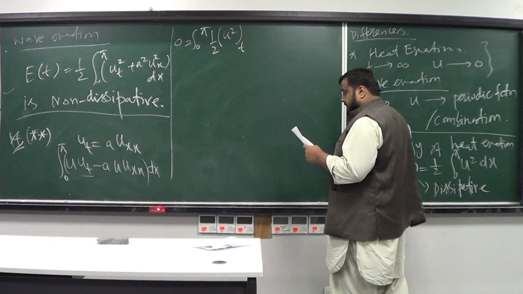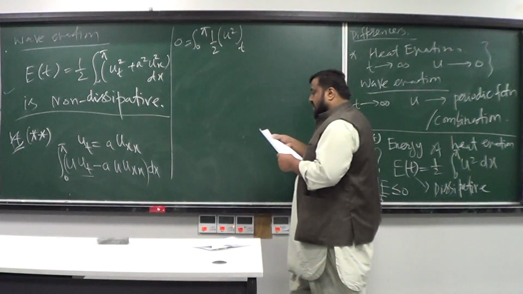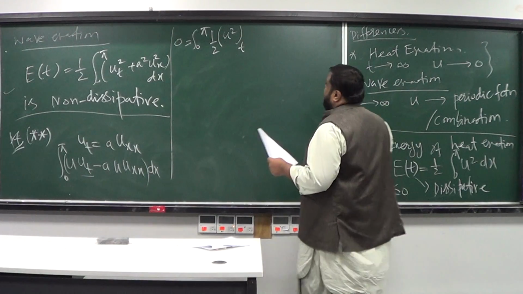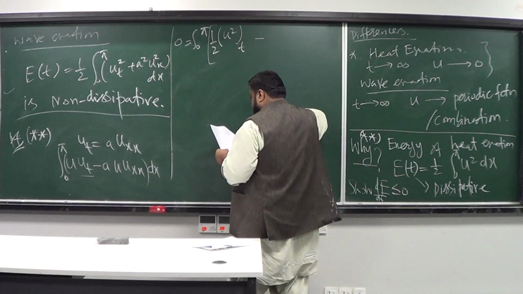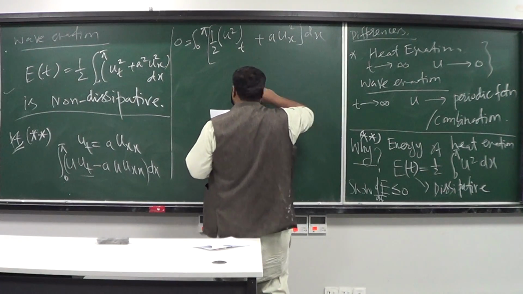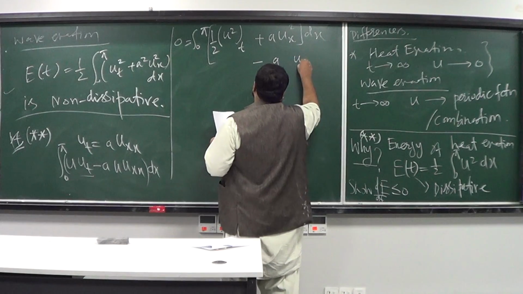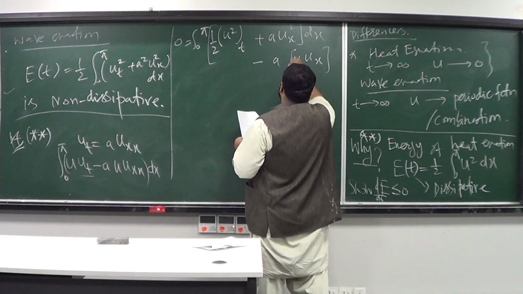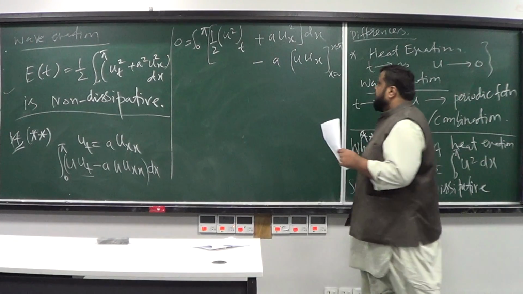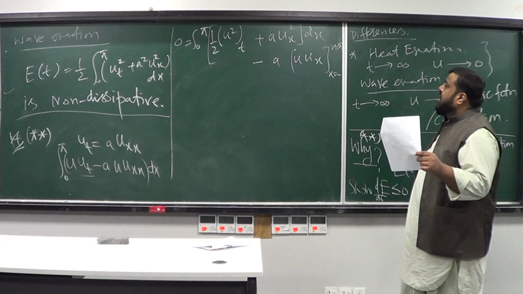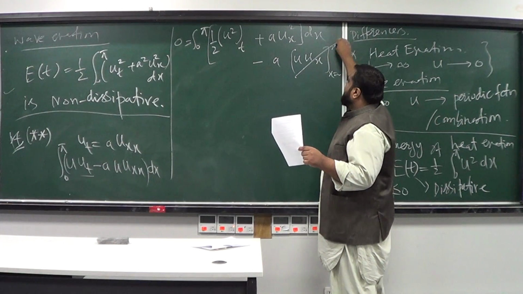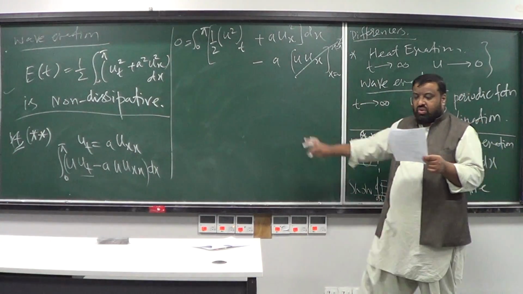On the other part, on the second term, I can apply integration by parts and get an expression like this: plus a u_x squared dx and minus a u u_x, where x goes from 0 to x equal to pi. But since for the heat equation u is 0 at 0 and u is also 0 at pi, this term goes away, and you are left with only these two terms.